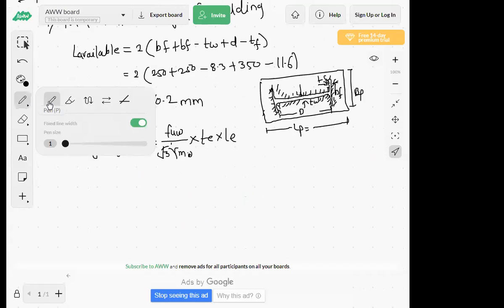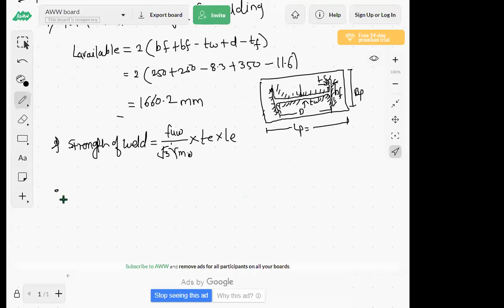So in step 3, sorry, here we have to first calculate size of weld. We have to assume size of weld. So how to calculate size of weld? As I told you, it depends upon the thickness of plate. So our thickness of plate is 12 mm.